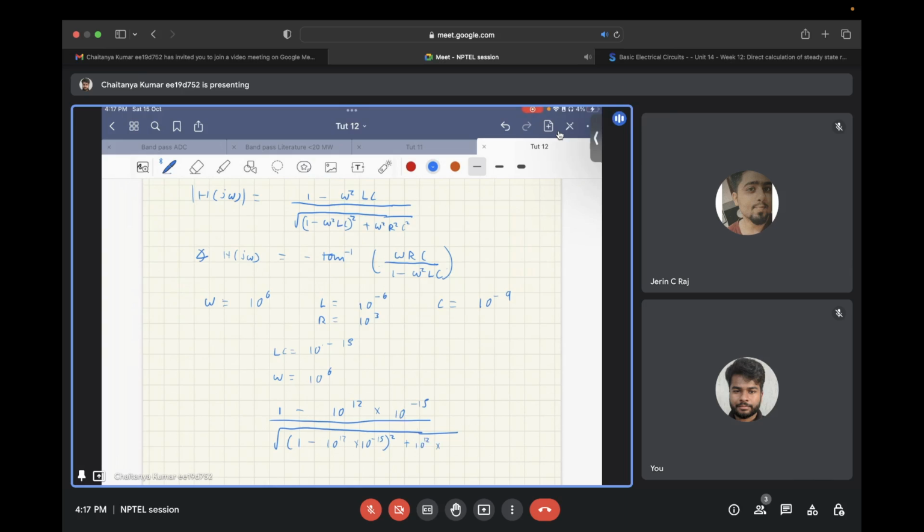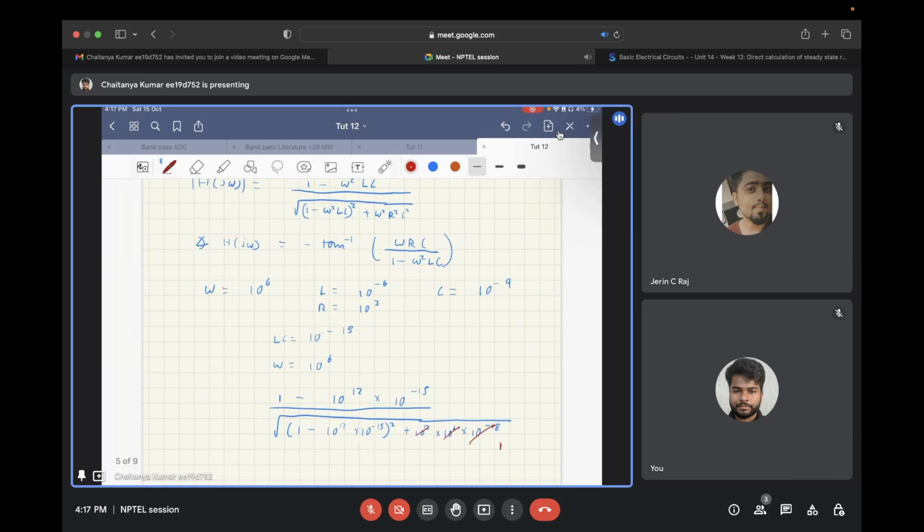That R square is 10 to the power 6 into C squared, that is 10 to the power minus 18. So this complete thing can be cancelled, and this all goes to 1. And here, the final power of 10 that we get is 10 to the power minus 3.